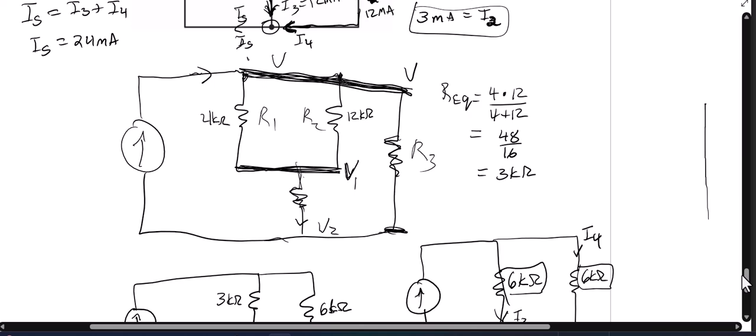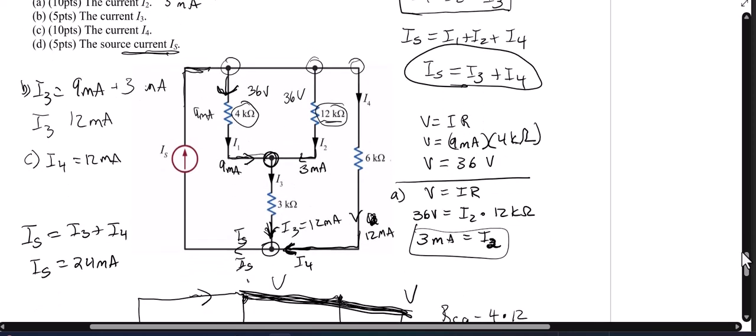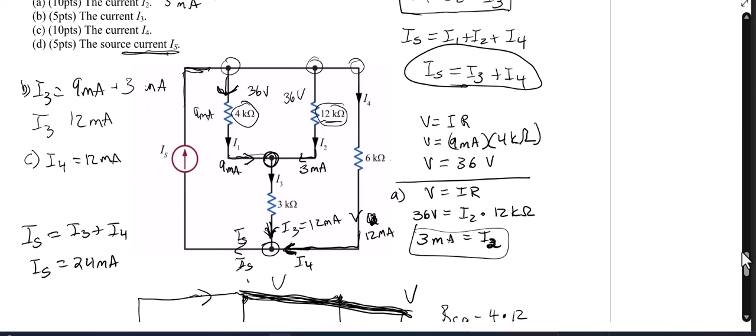But the bottom of R1 and R2 is at V1, but the bottom of R3 is at V2. So it is not in parallel with I1 and I2. So I1 and I2 are in parallel, but I1, I2, and I4 are not in parallel.